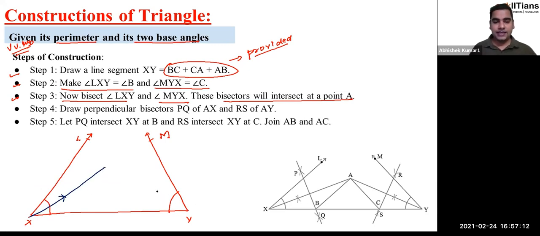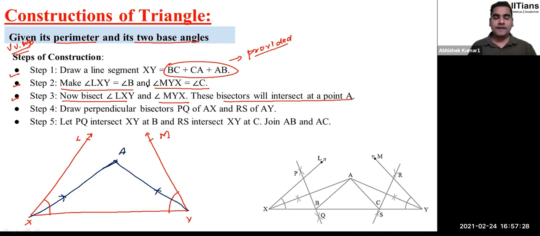And if I bisect angle Y, then the bisectors of these two angles are going to meet each other at some point, and you are going to call that particular point A.